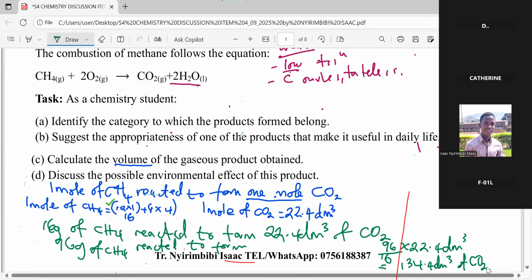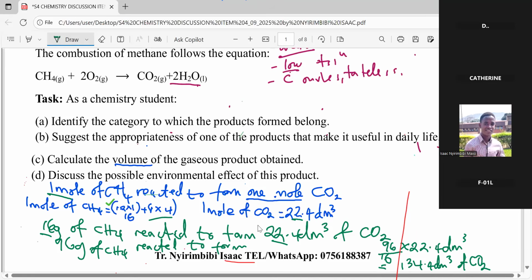Using this knowledge, we are able to convert moles to volume, volume to mass, and volume to moles any time. So that was the question.